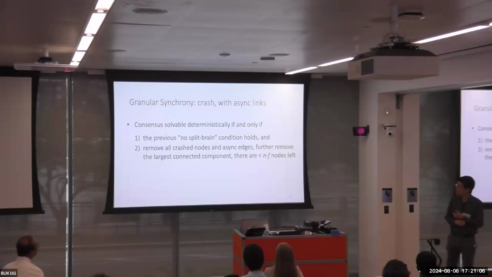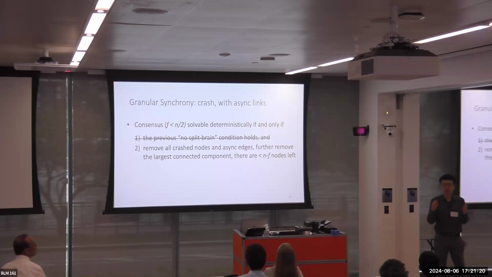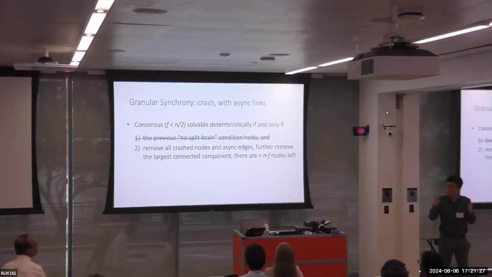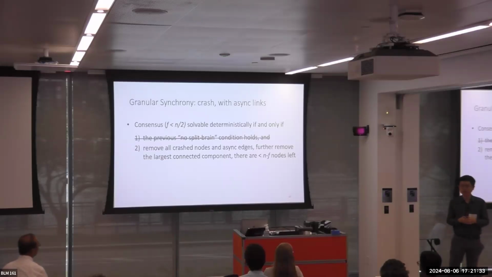The interesting part is that if we assume f is less than half n, the first condition always holds, so we can just delete it. And now we are basically answering the question: what's the minimum synchrony assumption required to circumvent the FLP impossibility? That's a classic problem that has been studied for a very long time, at least 2 decades and a couple of papers.